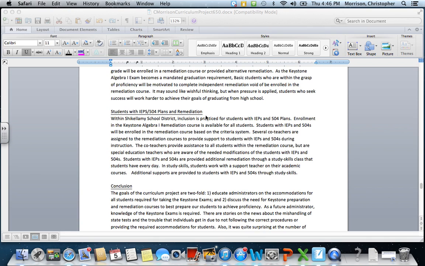The one thing that students with IEPs and 504s have is that they do have study skills sessions, which is a one-on-one interaction with a special education teacher to help work on their course subjects. So in addition to the remediation course that some of the students with IEPs or 504s may be enrolled in, they will receive additional support throughout a study skills class.